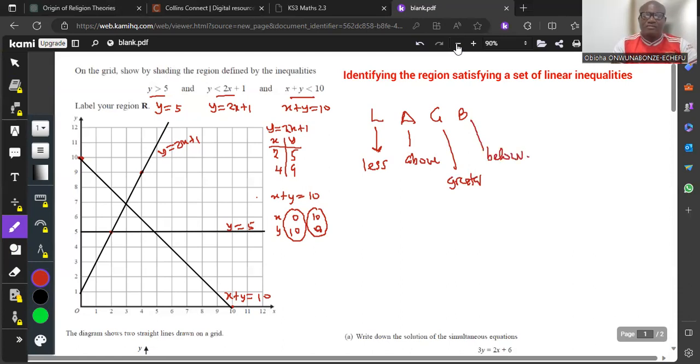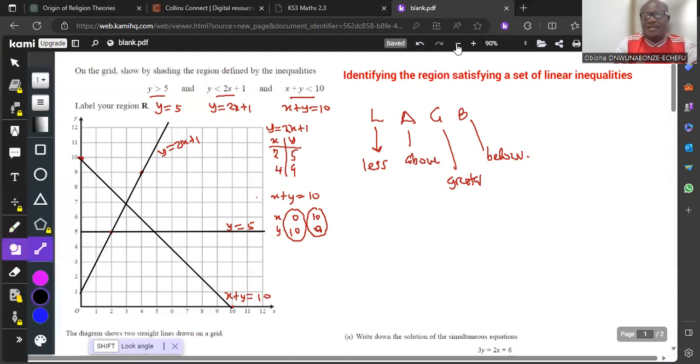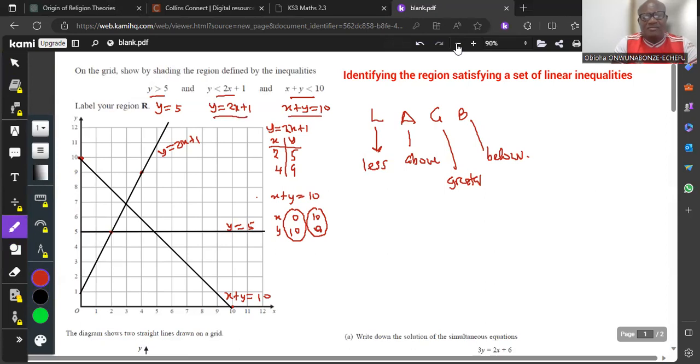But this is peculiar to lines that are slanting, that is, either the line goes like this or the line goes this way. You apply this for any equation that contains x and y, as you can see here, x and y.